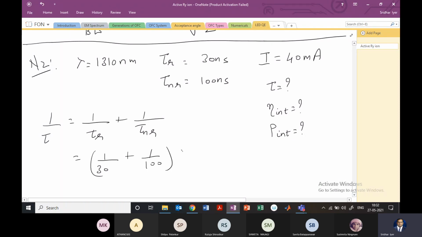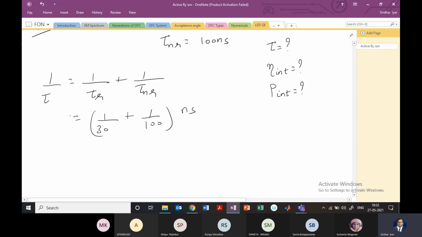I'm not writing the units because both are nanoseconds, right? So this is 1 by tau. So I can write tau as 100 into 30 divided by 100 plus 30. This will be in nanoseconds.